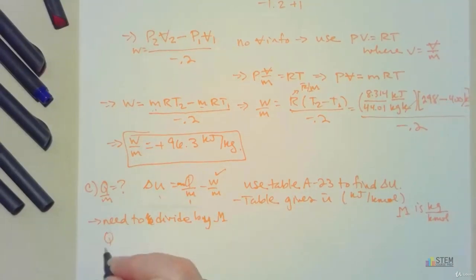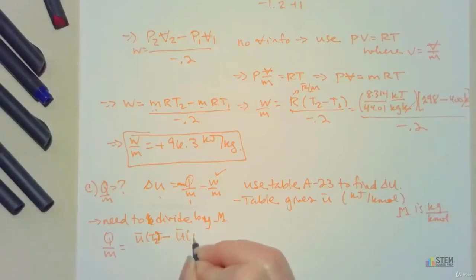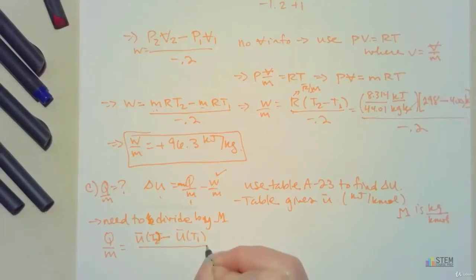So we're going to have Q over M equals U bar at T2, then we subtract U bar at T1, and then we divide that by our molecular weight, and then we add W over M.